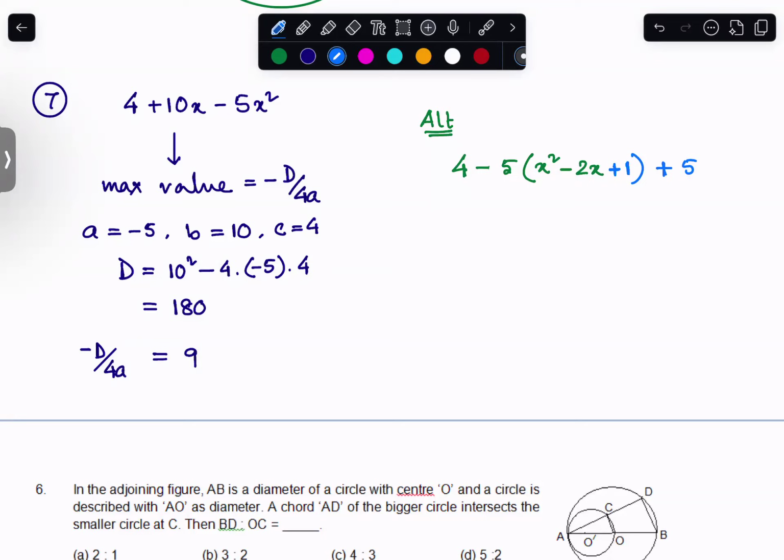That makes the expression 9 minus 5 into x minus 1 whole square. Now, as x minus 1 whole square is never negative, so 9 minus 5 into x minus 1 whole square will definitely be less than or equal to 9.